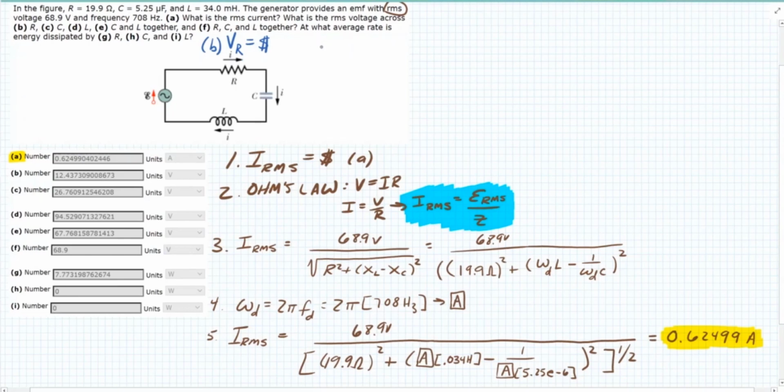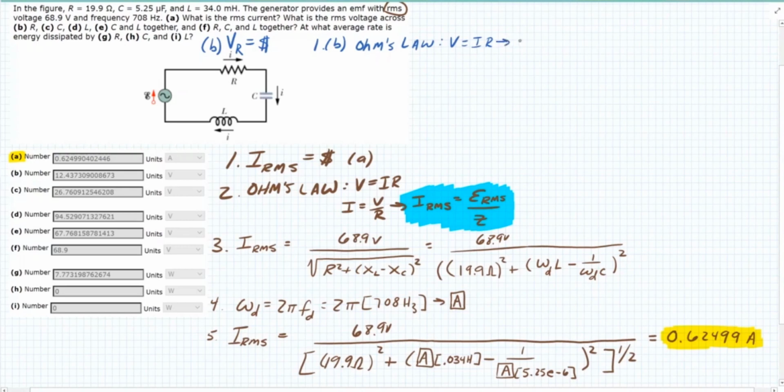So part B, let's do Ohm's law. What is the RMS voltage across a resistor? Again, we're not looking for peaks, we're looking for averages. Ohm's law here says V equals IR. Let's customize it.